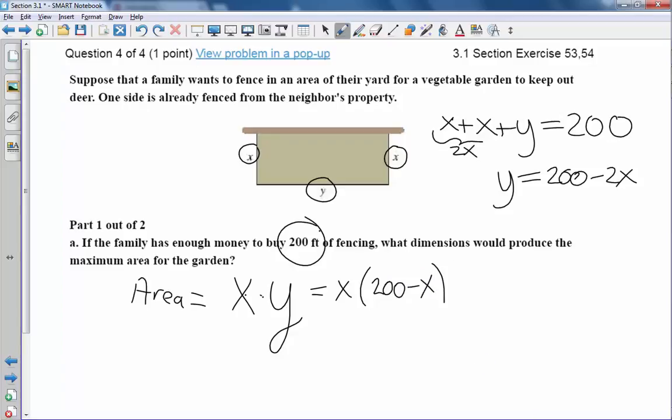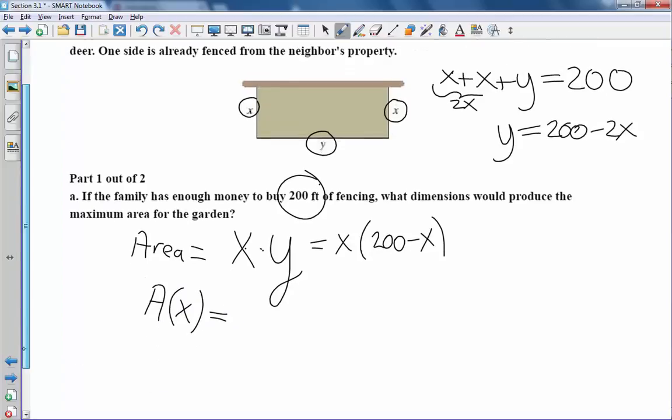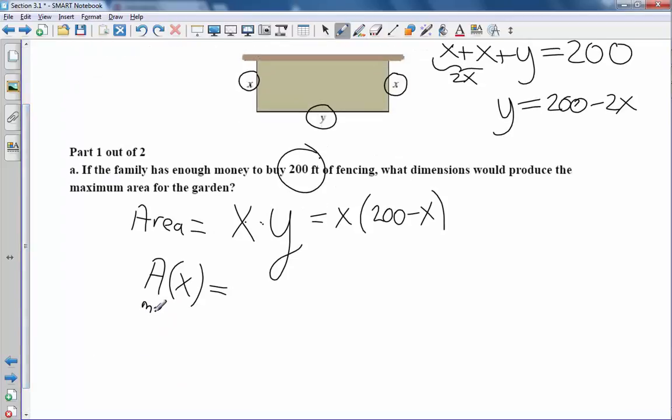Okay? And can I call this, instead of area, A as in the first letter of area, A of x, to be maximized? You're maximizing this. Maximize this function, but what is its equation? X squared minus 200x. Correct?